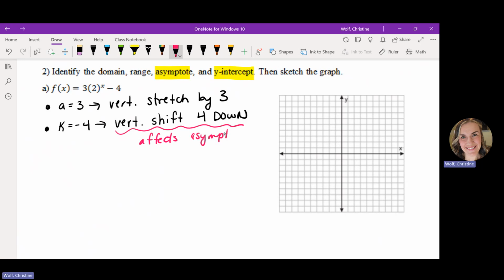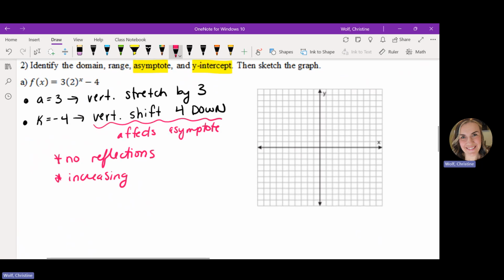So essentially our asymptote will be 4 down. That's very important. I'm going to note there are no reflections, so my graph won't be reflecting up, down, left, right. And it's increasing. So I'm just writing some important notes for me to visualize when I actually draw this.